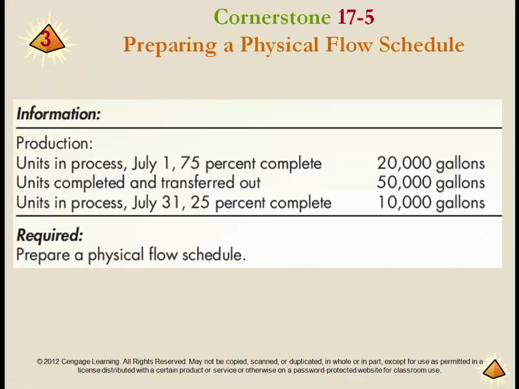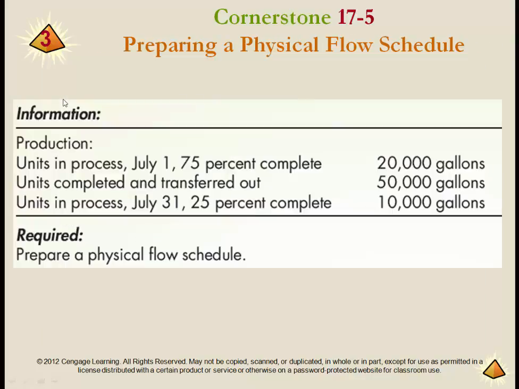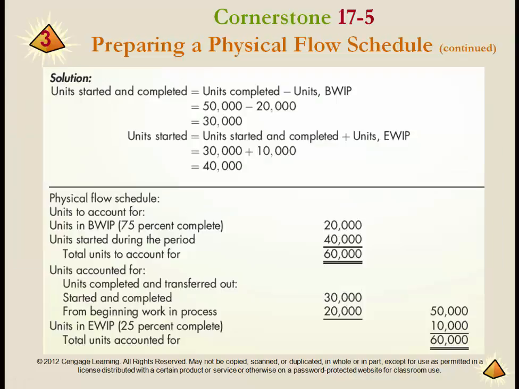So here's the physical flow for the first one. We have the numbers here, and you're probably going to have to go back and forth in this a little bit. But we have 20,000, 50,000, and 10,000. So we know we're going to account for a total of 60,000 units. Well, we had a beginning work in process. We know that we had another 40,000. We kind of backed into that, even though it doesn't really show us that, because 50 plus 10 gets us 60, right?